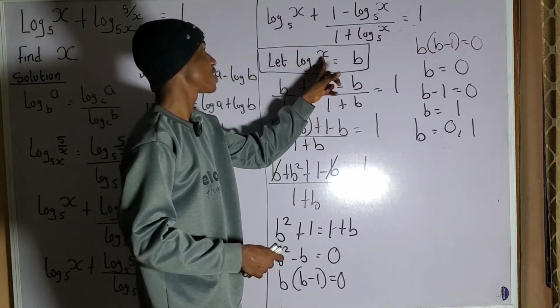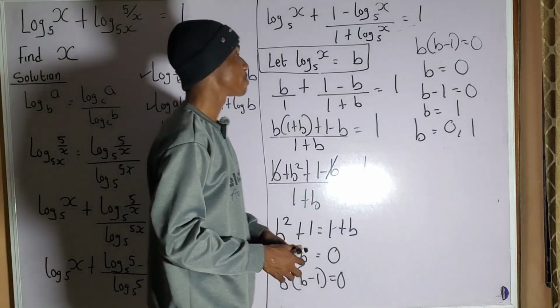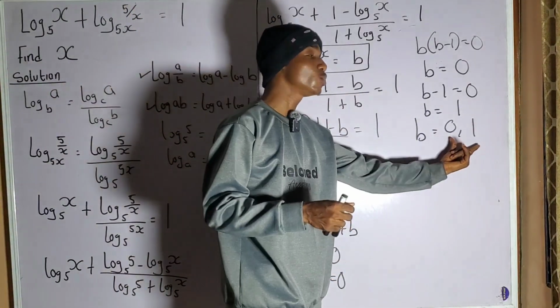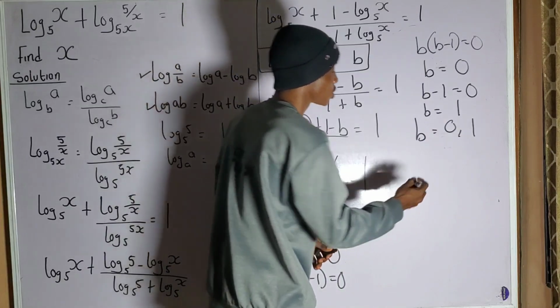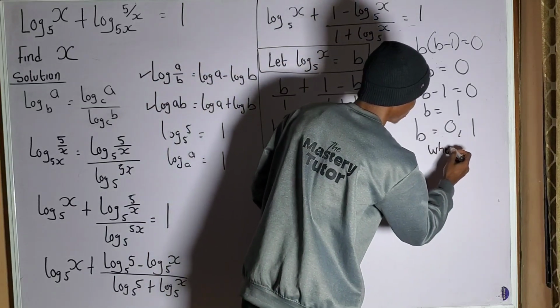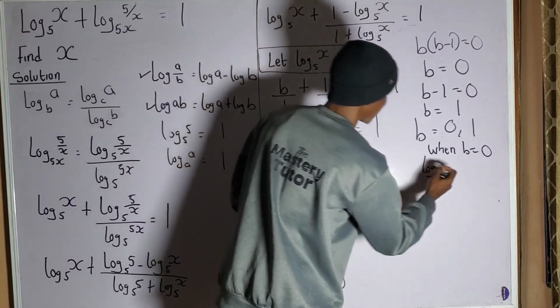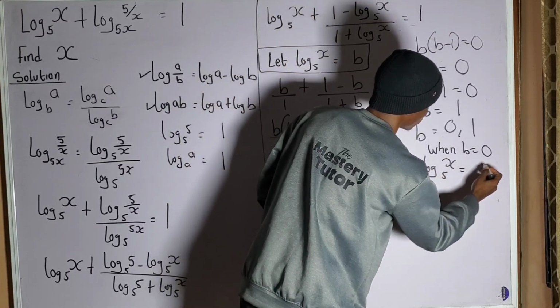Since we said that log x base 5 equals b, I'm going to replace b with each of the values that I have here. So when b equals 0, log x base 5 equals 0.